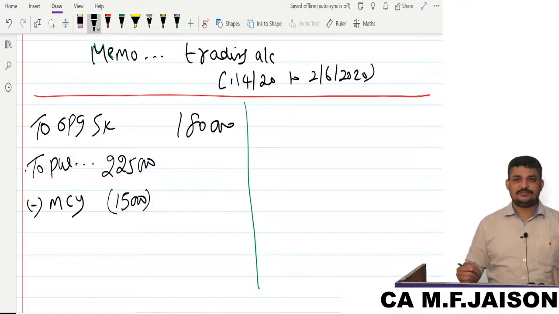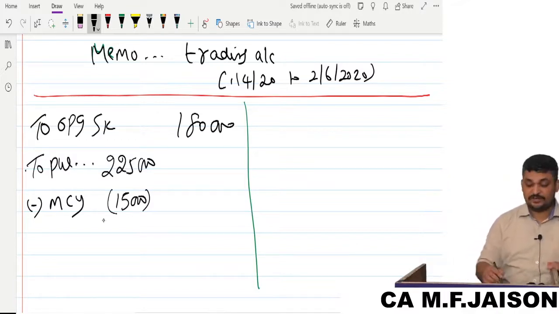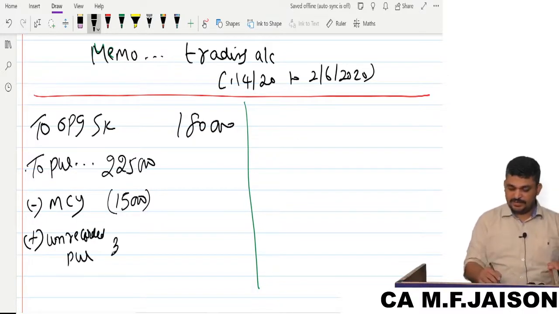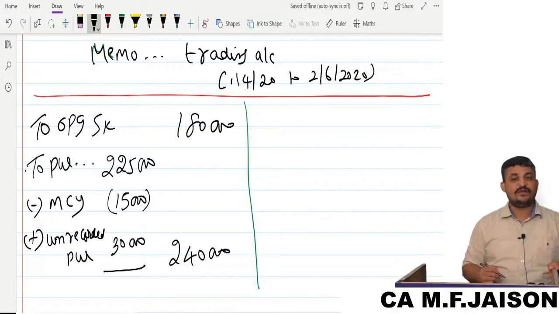It should be considered as part of stock. To be part of stock, it should be added to purchases. So unrecorded purchases, how much is the unrecorded purchases? 30,000. So it is 2,40,000.